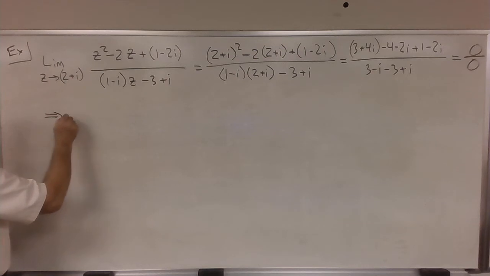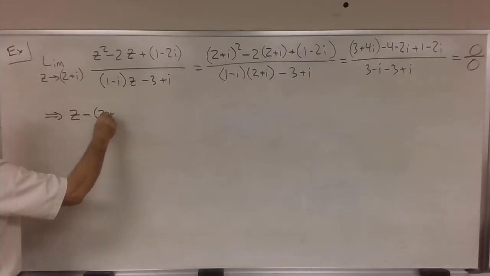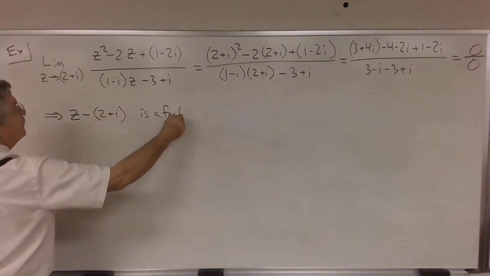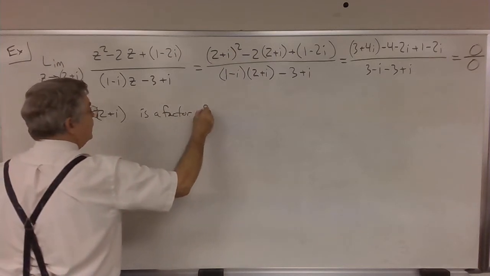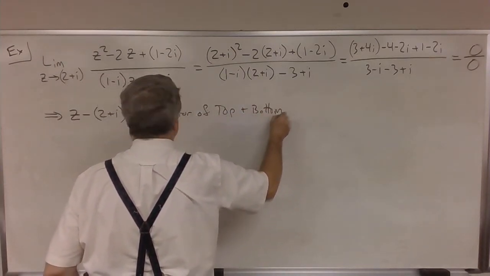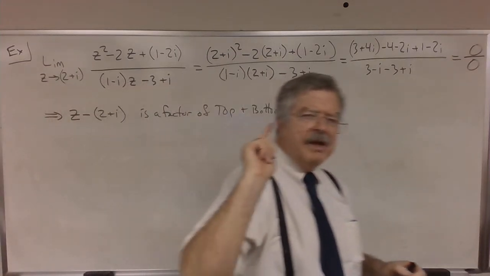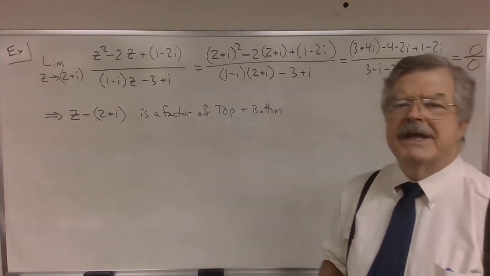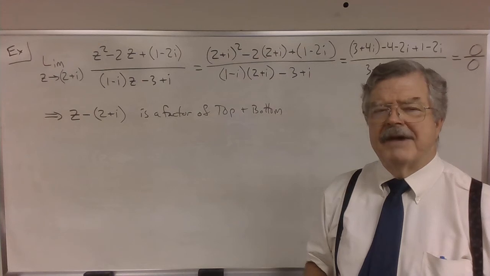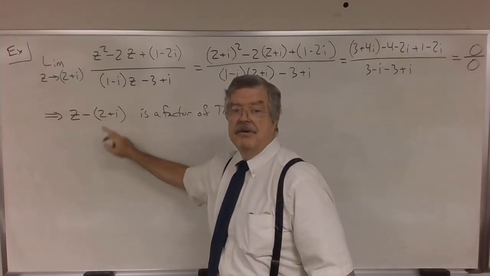What that means is that z minus this number is a factor of top and bottom. And here I'm just using the fact that if we plug a number into a polynomial and we get 0, x minus that number is a factor, or in this case, z minus that number is a factor.